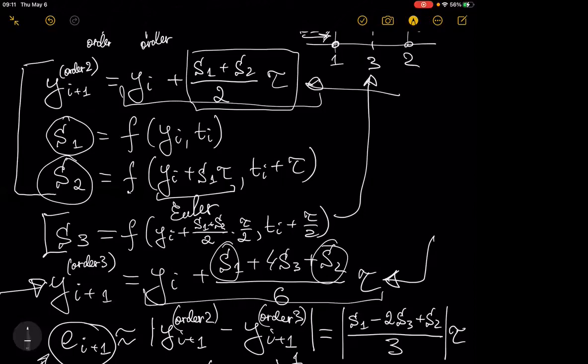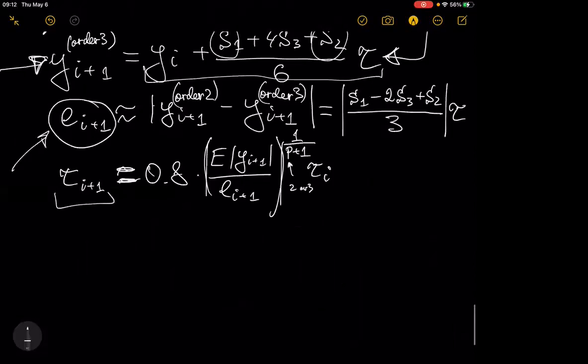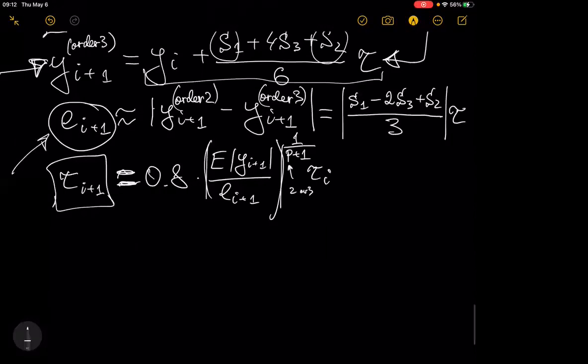So essentially what you're doing is using these as an estimation of the exact solution. Is it clear how to do this or not? So this is the evaluation of the time step for the next step, right? You are using this formula.